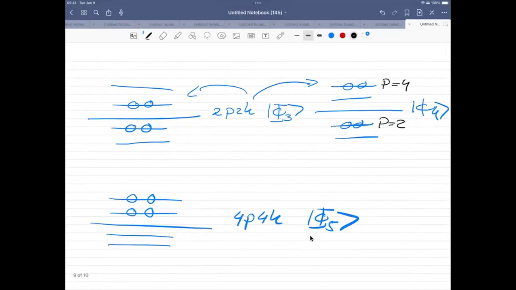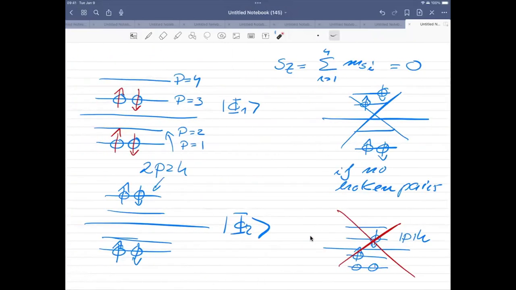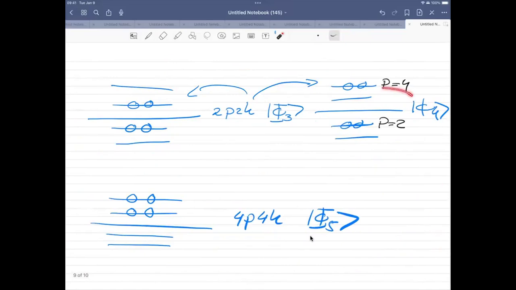If you look at this specific state here and you take the overlap between phi 4 and phi 1, you see that phi 1 here has 2 single particle states in P1 and 2 single particle states in P3. So this case is an example where you have 4 single particle states which are different in the ket side from the bra side. That means if you calculate the expectation value or the transition probability of the Hamiltonian with phi 1 and phi 4, that is also going to be 0.